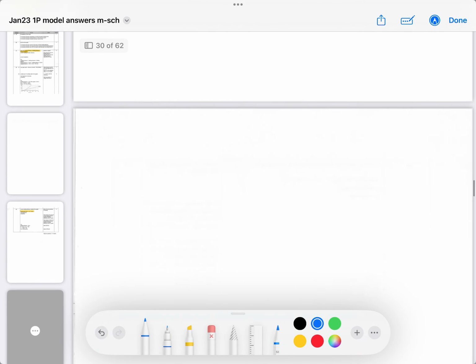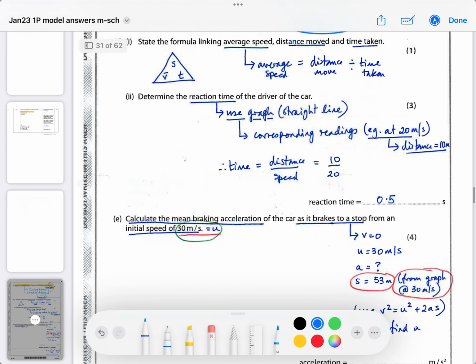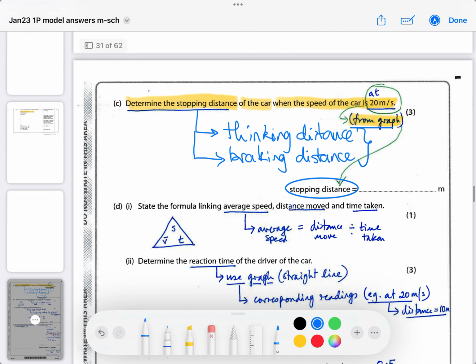So 26 meters was braking and thinking distance was 10 meters. You add them together and you get 36 meters.